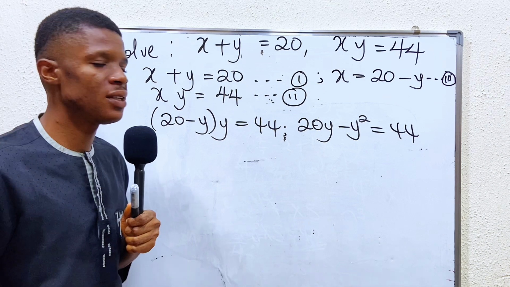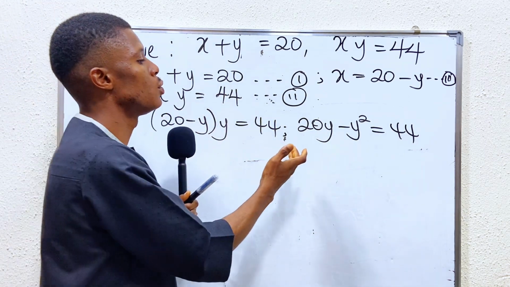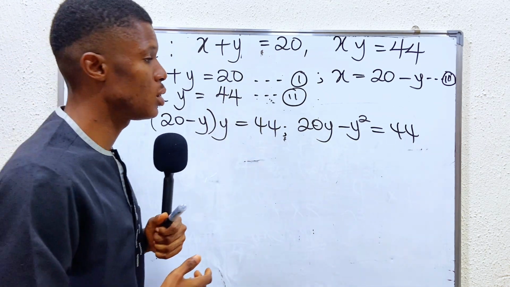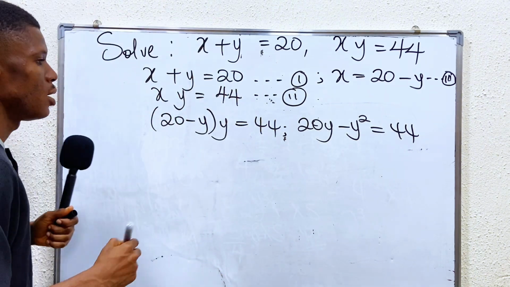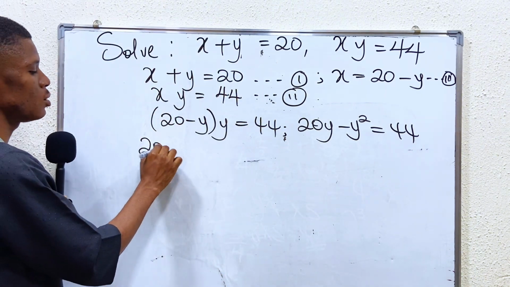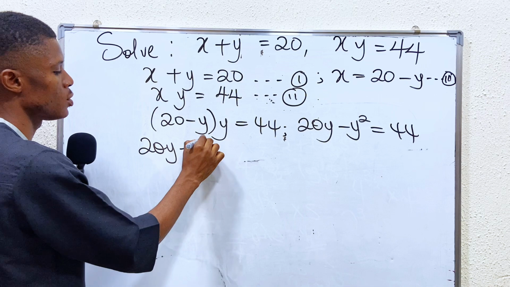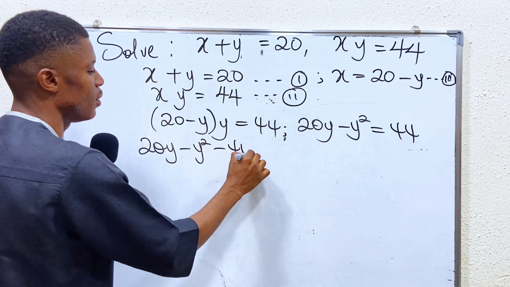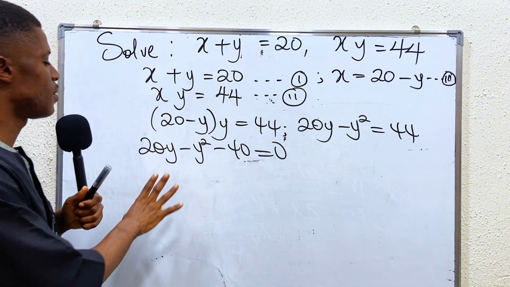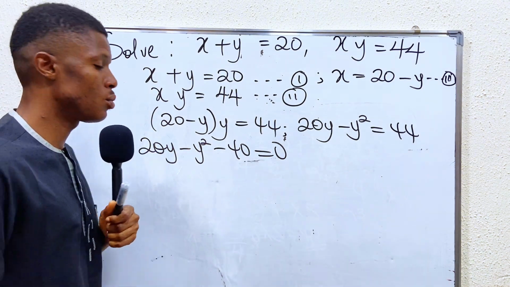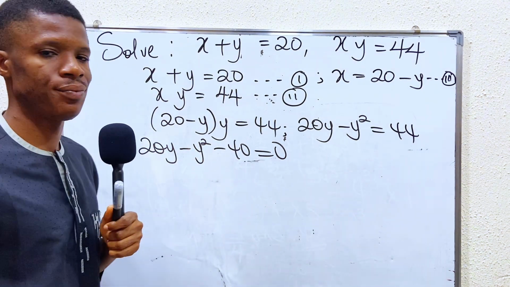So since we have this now, this is clearly a quadratic equation, so we are going to subtract 44 from both sides. So we have 20y minus y squared minus 44 equals 0. But let's write this in the standard form of a quadratic equation where y squared is first.